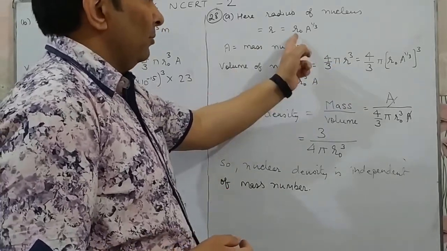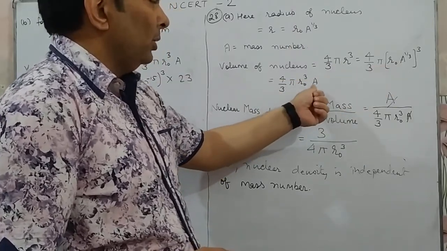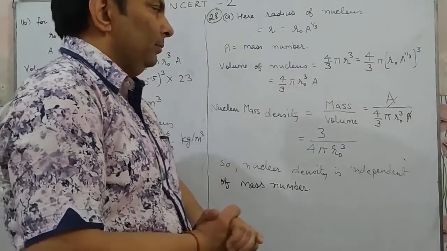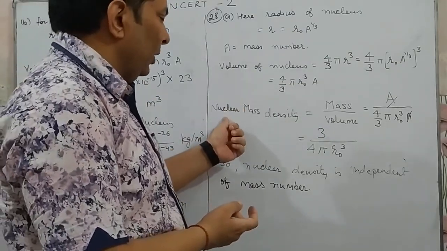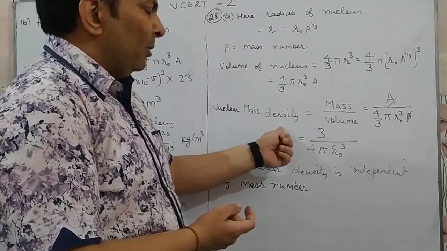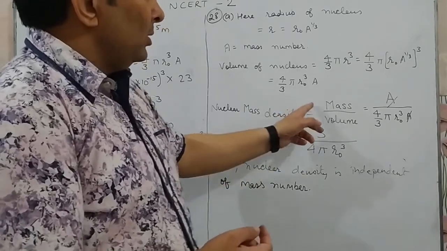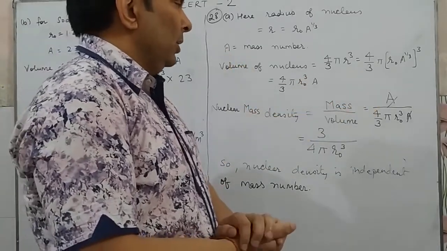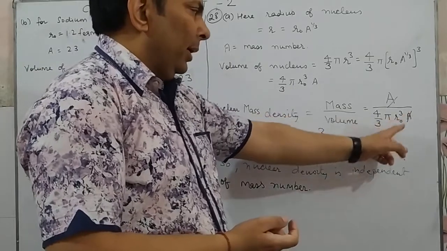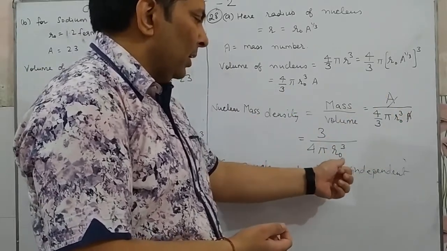Take the value of R from here and put it in. The result is 4/3 π R naught cube A. Now the next step is to find the nuclear mass density. For that purpose, take the ratio of mass to volume. The mass of the nucleus is A, which we have written here. Then the volume we take from here. A and A cancel, and the result is 3 by 4 π R naught cube.